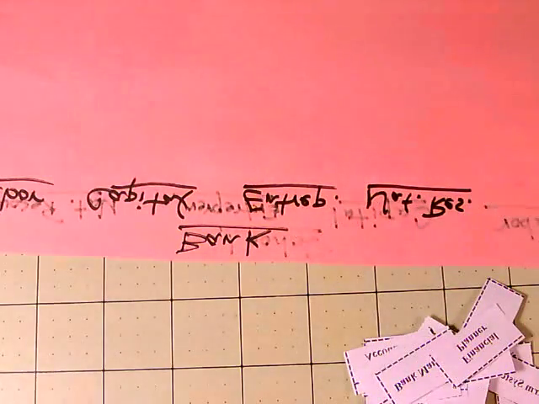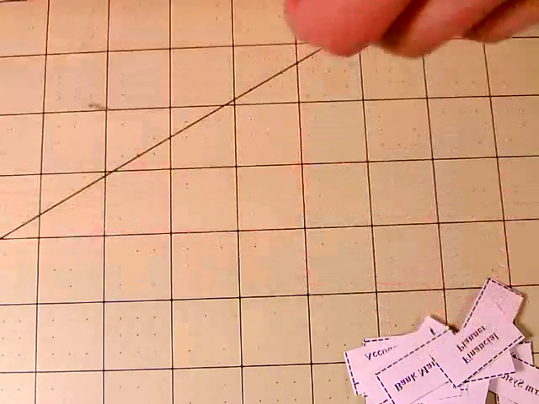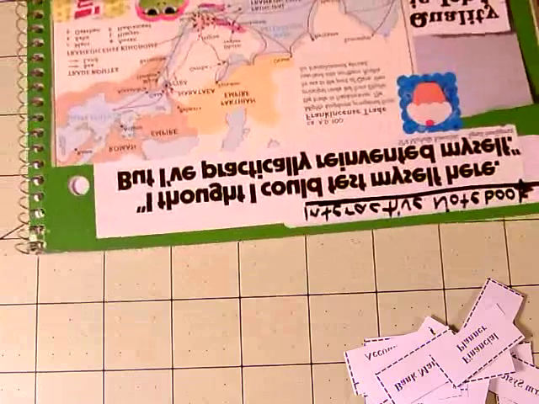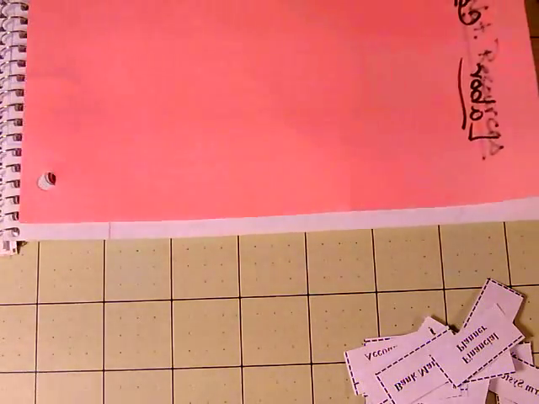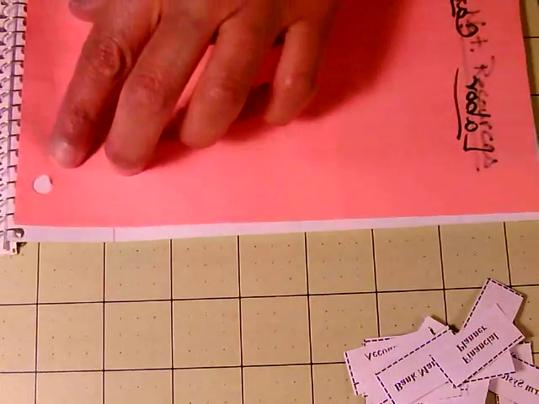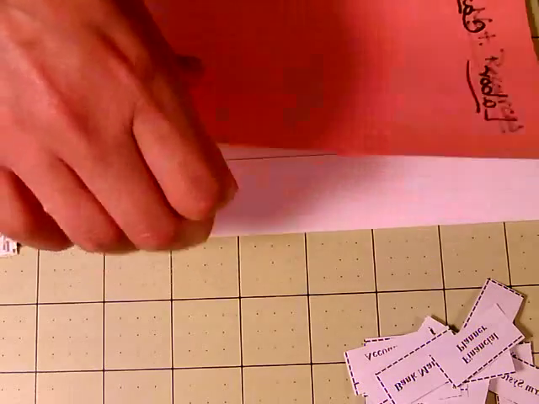When I'm finished with this page, I'll take it, I'll open up my notebook, and what I can do is I'll get some tape. I'll trim it down a little bit more. It looks like I didn't trim it quite enough.